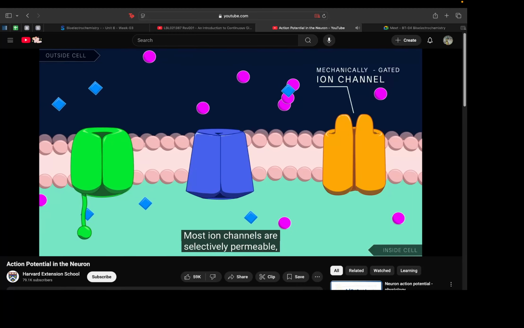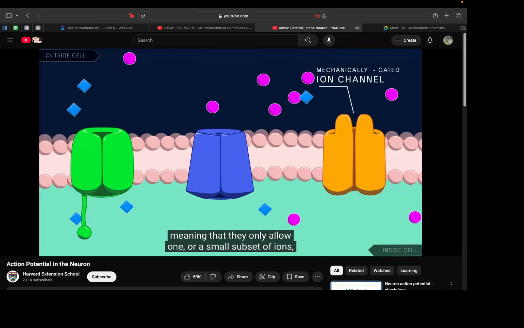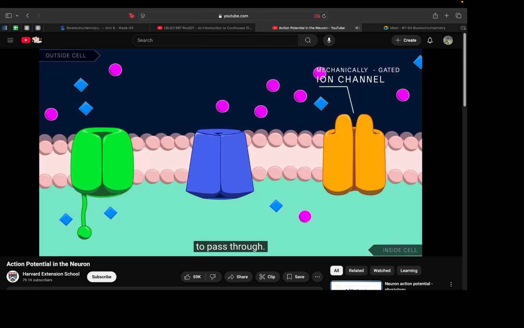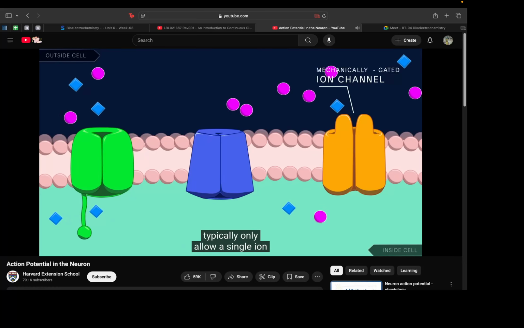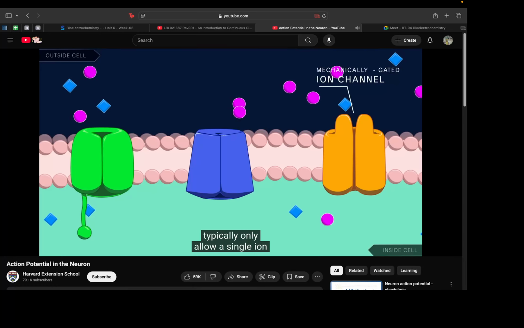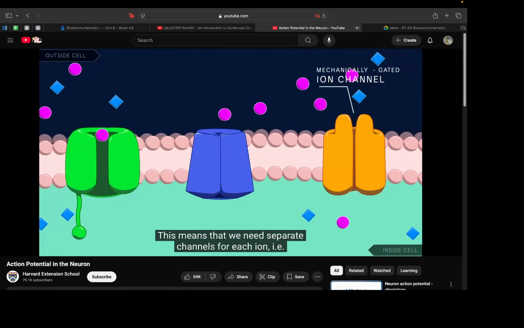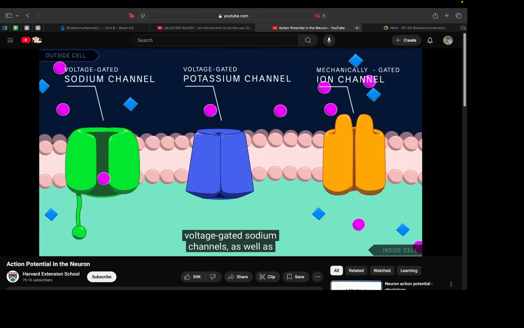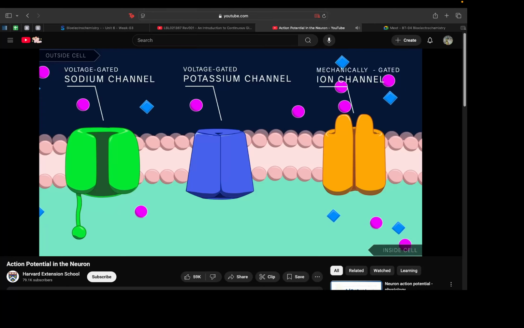Most ion channels are selectively permeable, meaning that they only allow one or a small subset of ions to pass through. Voltage-gated ion channels, for example, typically only allow a single ion to cross the membrane when they open. This means that we need separate channels for each ion, i.e., voltage-gated sodium channels as well as voltage-gated potassium channels.